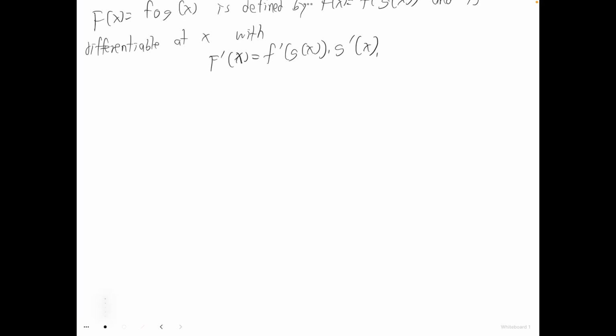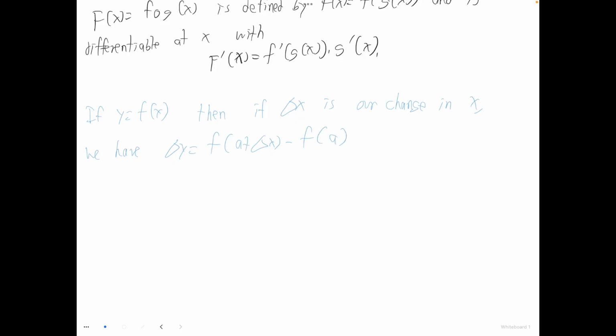To do so, we're going to first make the following observation. If y equals little f of x, and we're just taking any function f of x here, then if delta x is our change in x, we have that delta y is equal to f of a plus delta x minus f of a.